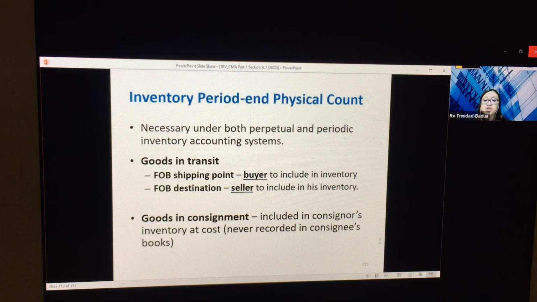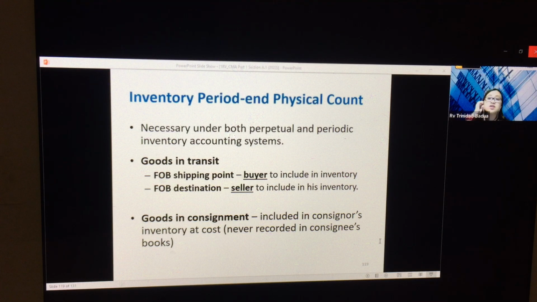The point is ownership transfer. Kung sinabi mo kasi FOB shipping point, the ownership would transfer to the buyer as soon as the shipment departs from the seller. Sa FOB destination, yung transfer, nangyayari siya kapag dumating na siya or the shipment arrives to the buyer. Ang goods on consignment pinahawak sa'yo is an arrangement where the goods are left with the third party for them to sell.